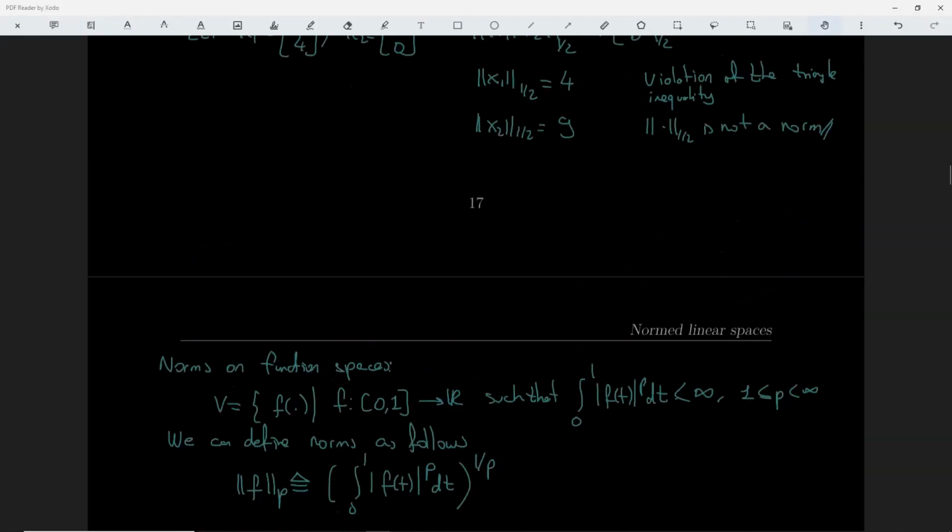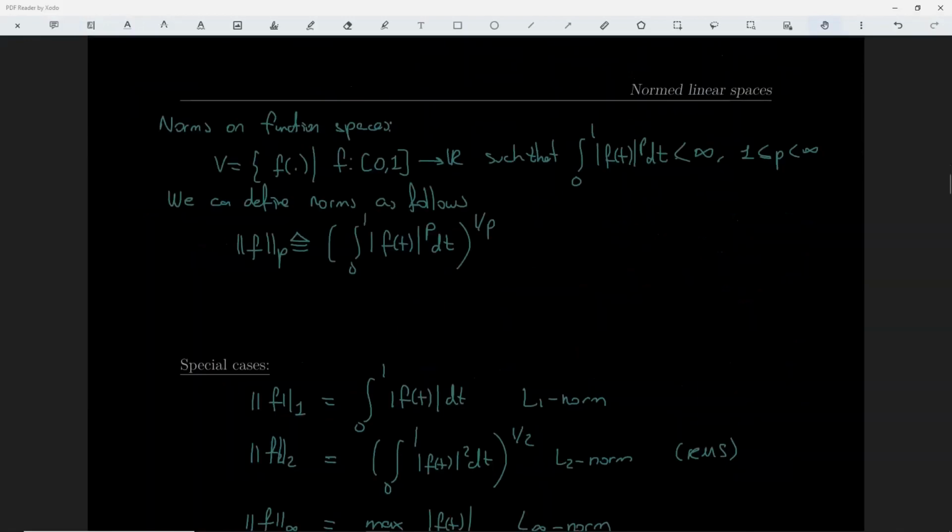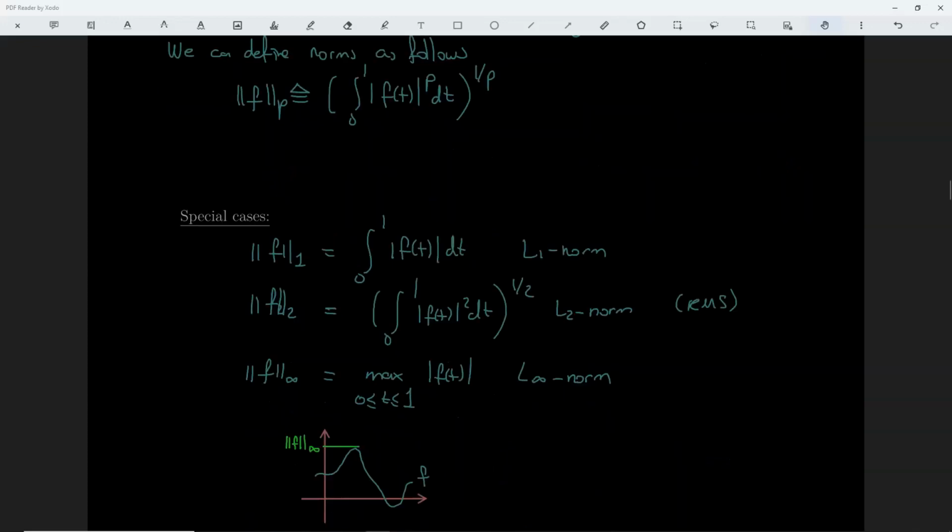Okay, and then we said that, okay, another important vector space that we will consider throughout the course is the function spaces, and we said that if we have functions with properties such that their absolute value to the p power is integrable, I mean, bounded, then we can define L1 norms, L2 norms, L infinity norms, etc.